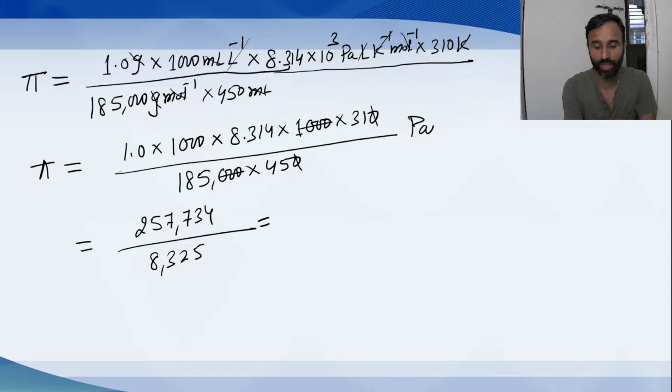So 257,734 divided by 8325 is 30.96. So 30.96 Pascal is the osmotic pressure.